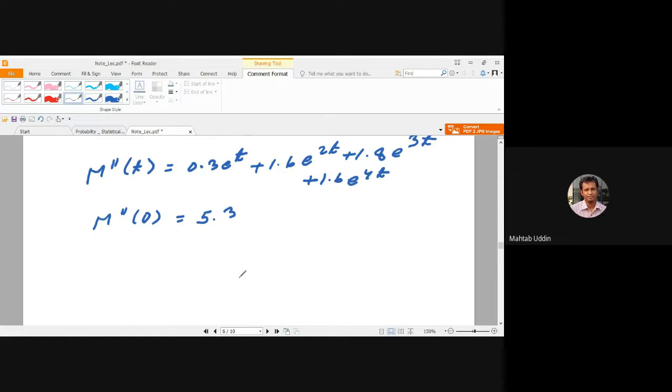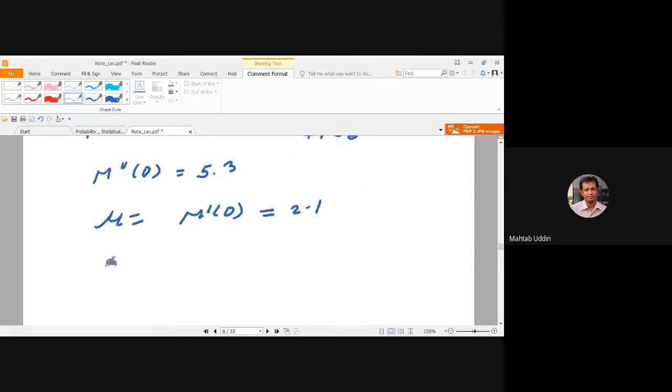Now you know mu equal to m dot 0 is equal to 2.1. Variance equal to m double prime 0 minus m prime 0 whole square. After simplification, you will get 0.89. Do you understand?